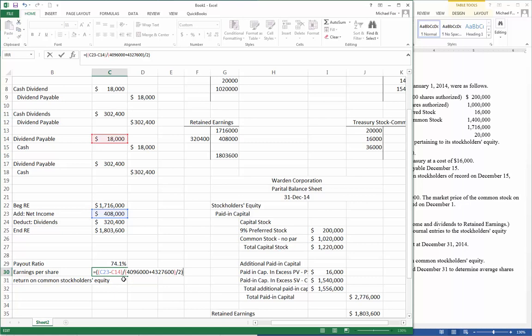Then we divide that by the average common stockholders' equity, which is the common stockholders' equity at the beginning of the period, which we found by adding up the value of the common stock, the additional paid-in capital on the common stock, and the retained earnings, and subtracting the treasury stock. And then we did the same at the end of the period, and then divide that by 2 to give us the average. And again, we need to express that as a percentage.